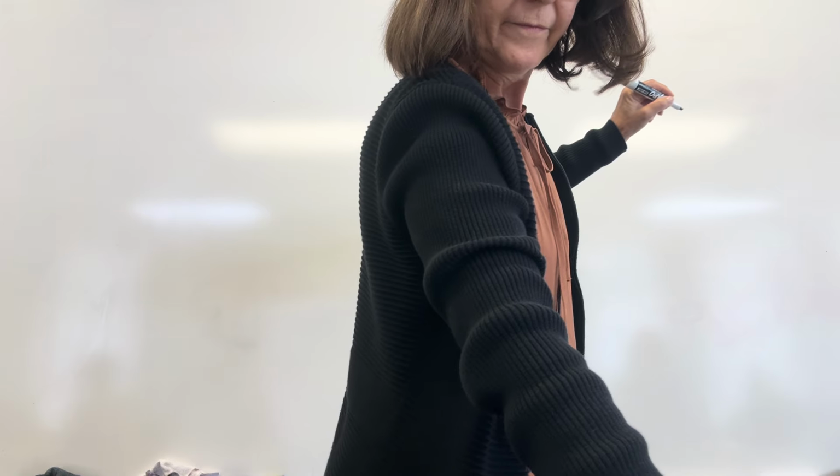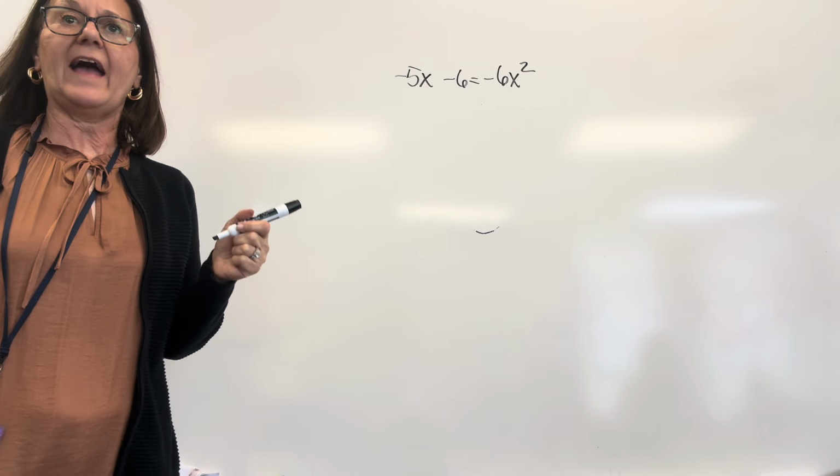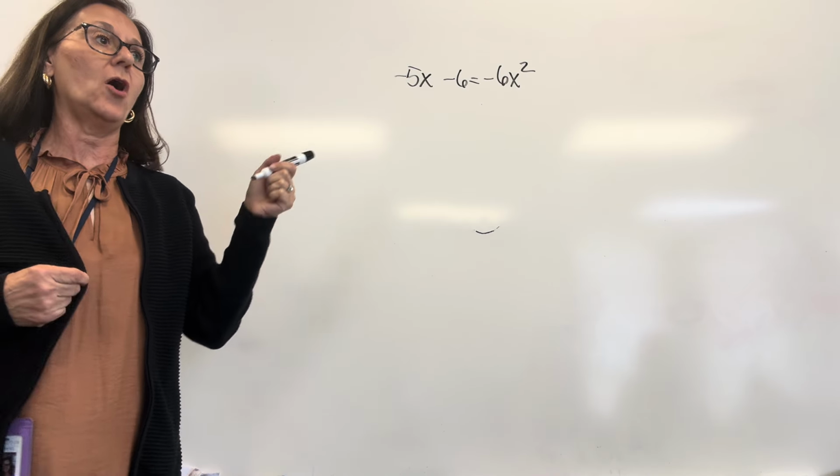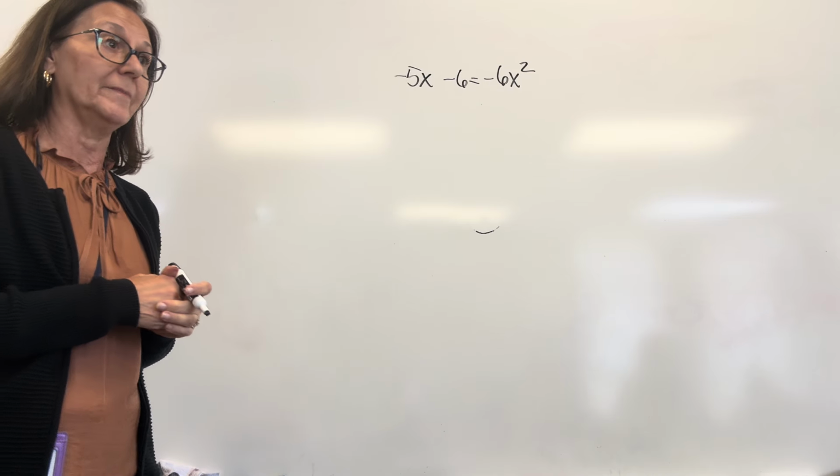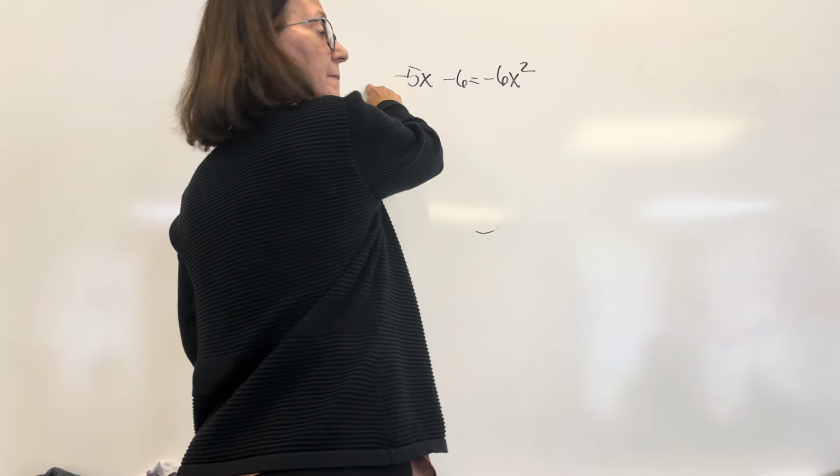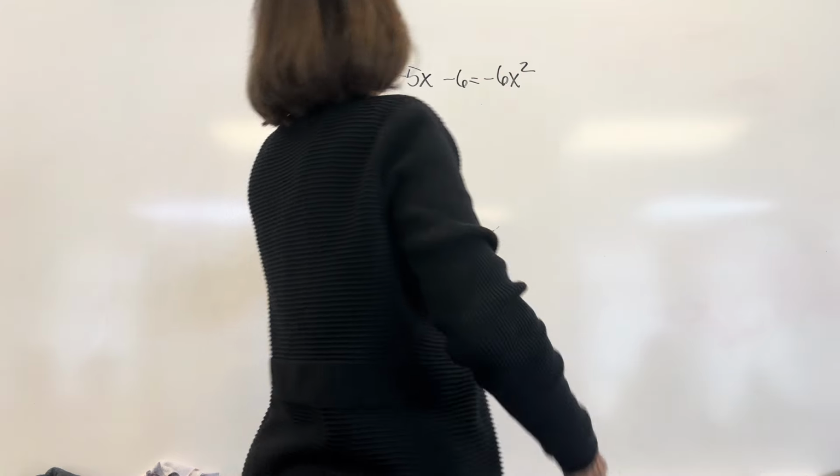All right. Example 3. Can I look at this one and begin factoring it? Say no, it's not in proper form. It's got to be in standard form. So I'm moving the 6x through addition to the left-hand side.